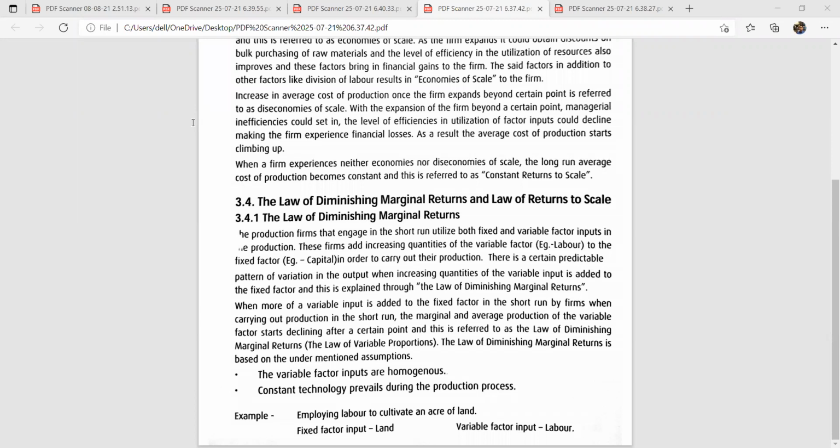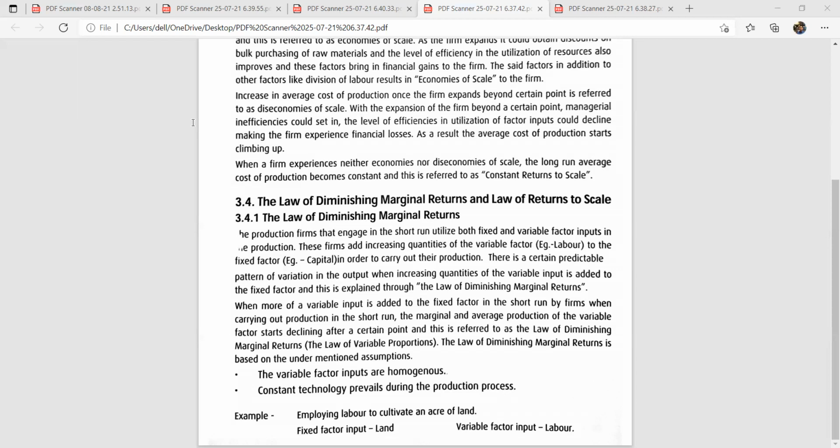So the definition, as I said before: the marginal output diminishes eventually. It will increase, but there is a reduction in the output after a certain number of workers are employed. This is also called the law of variable proportions.